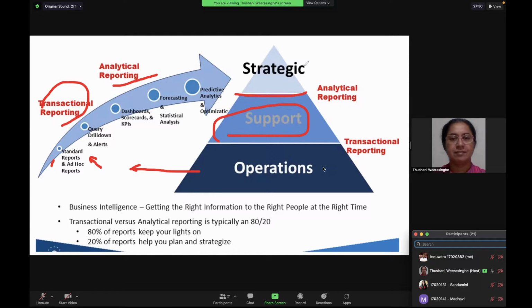And then again you have the dashboards, and then you have scorecards. We'll be talking about this. Then you have the KPIs, key performance indicators, and those can be included in the scorecards as well. And then we will have the forecast.